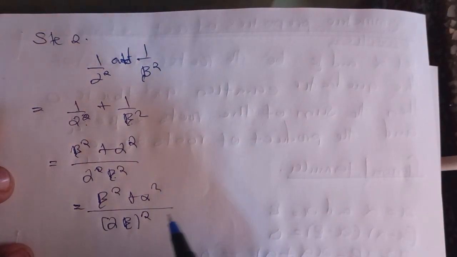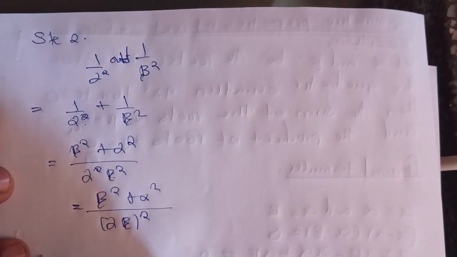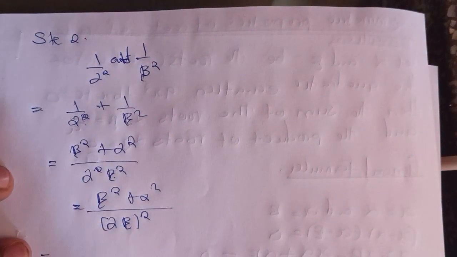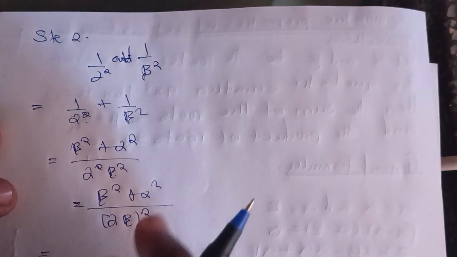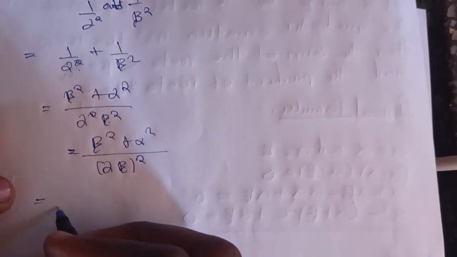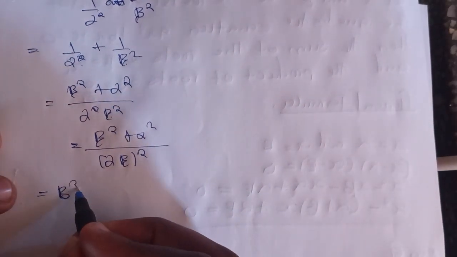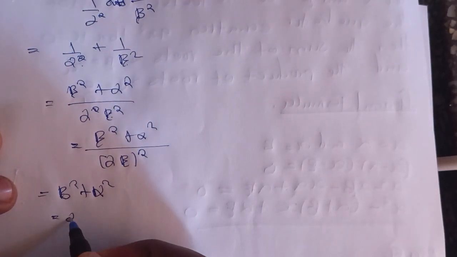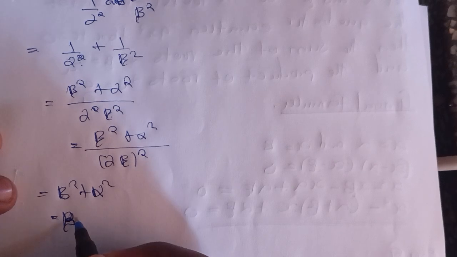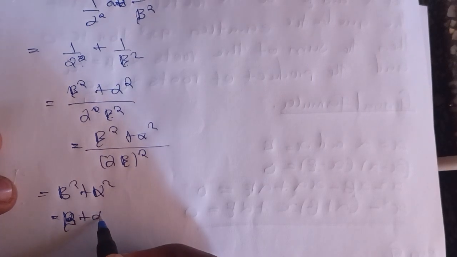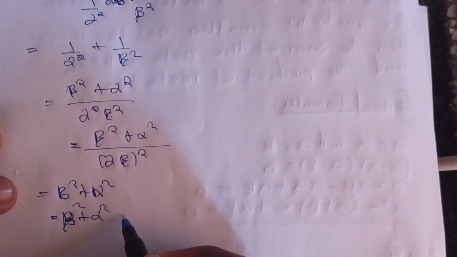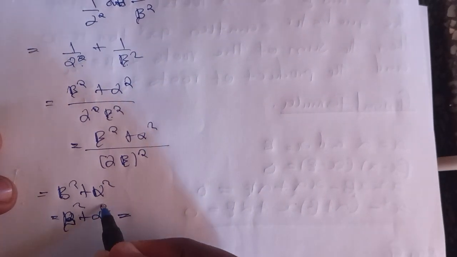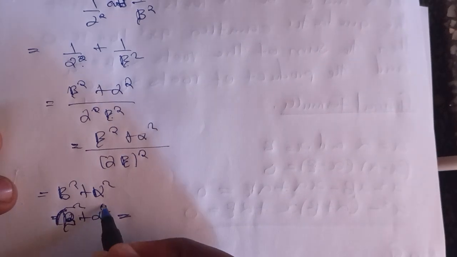For those who have not watched the previous videos which I've sent, you know that for you to obtain this, you simply say beta squared plus alpha squared should be equal to beta plus alpha, all squared. This means we are going to expand this part.